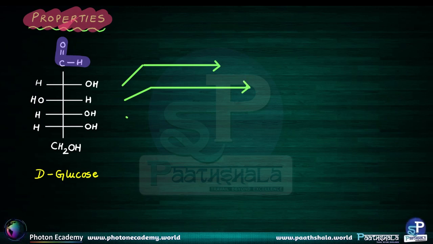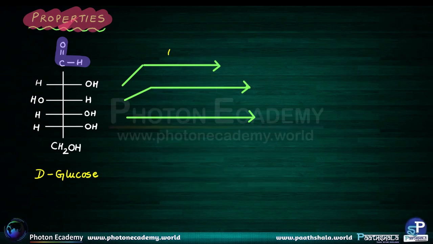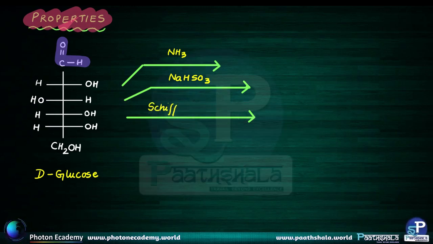We expect glucose to react with NH3, also with NaHSO3, that is sodium bisulfite, and with Schiff's reagent, because all of these are properties of the aldehydic group. So we want to get a reaction out of D-glucose with all these reagents.